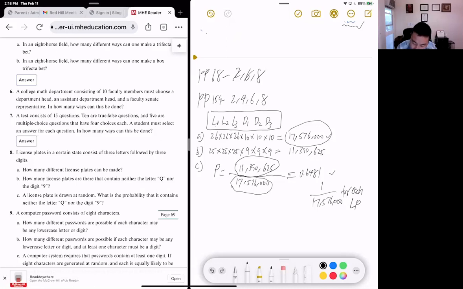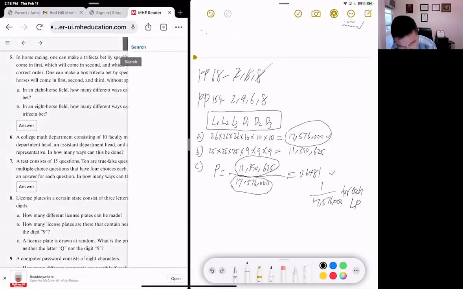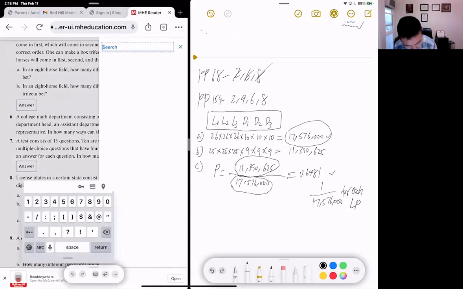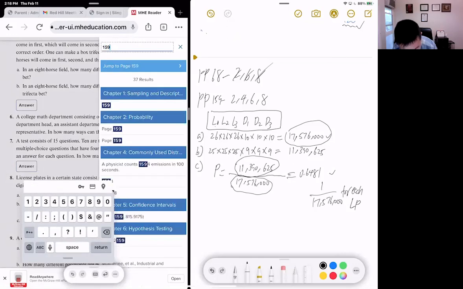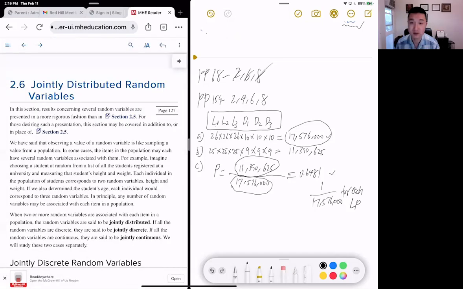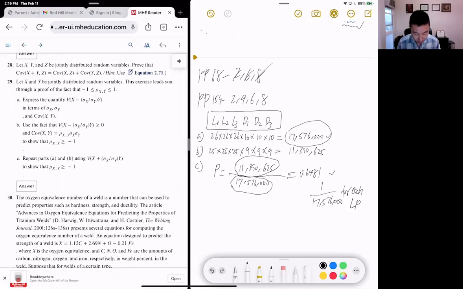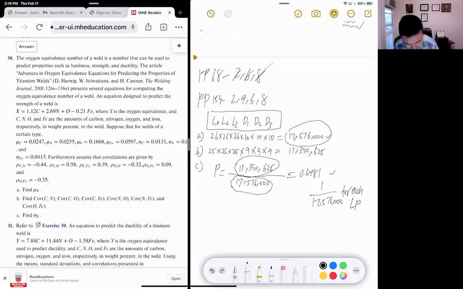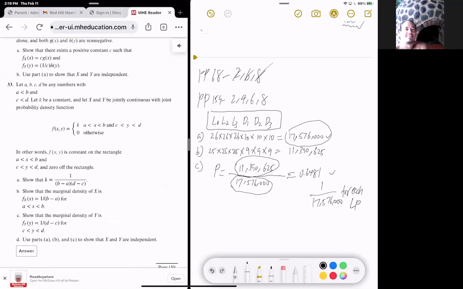All right, that's question number 8. Let's continue. Page 159. First one is question number 2. We're in section 2.3 now.